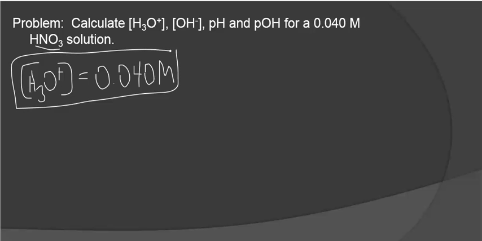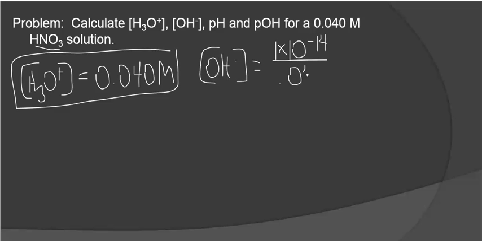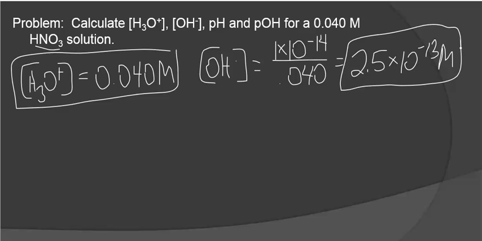To find OH, I can take 10 to the negative 14th divided by H3O, which is 0.04. So the OH concentration is going to be very small, 2.5 times 10 to the negative 13th molar. We would expect that to be small though because this is an acidic solution.